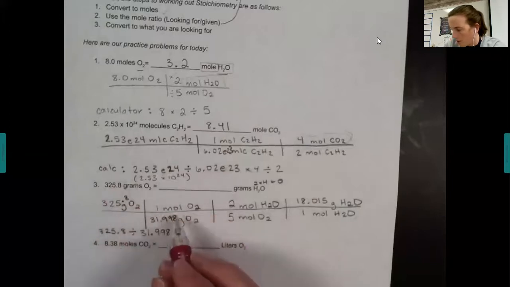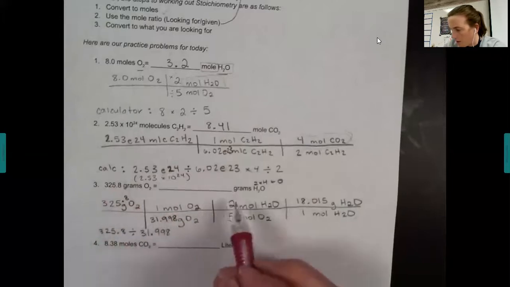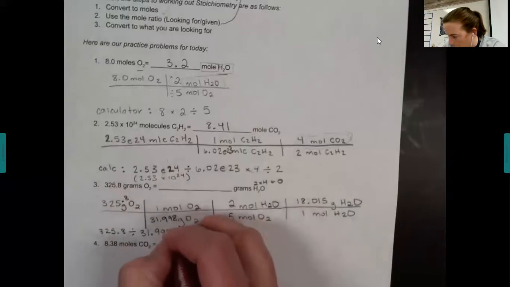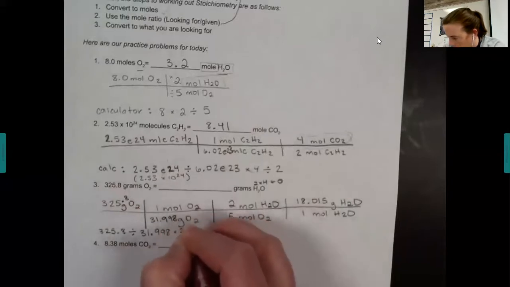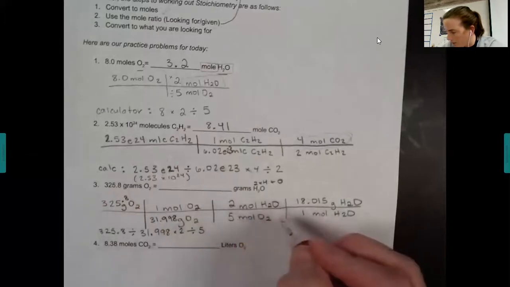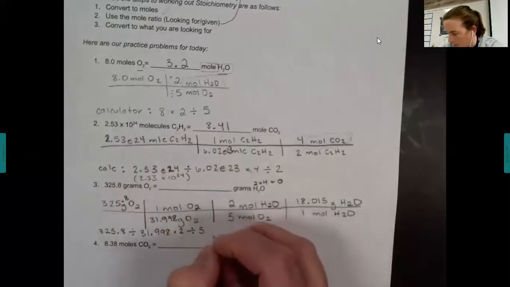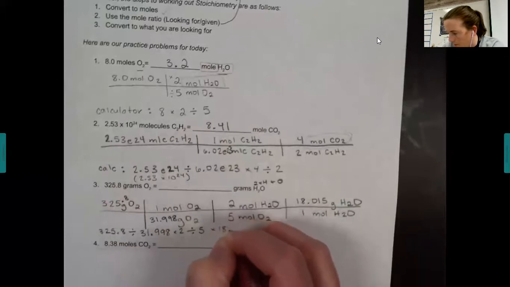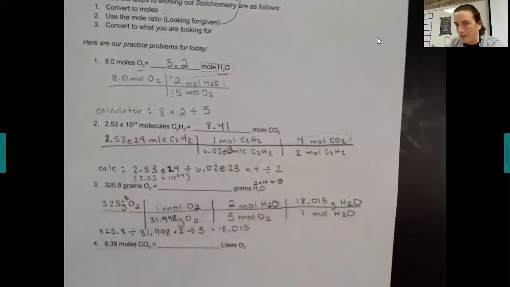I'm going left to right, top to bottom, so then times 2 divided by 5. And then this is on top, so we're going to be multiplying it by 18.015.